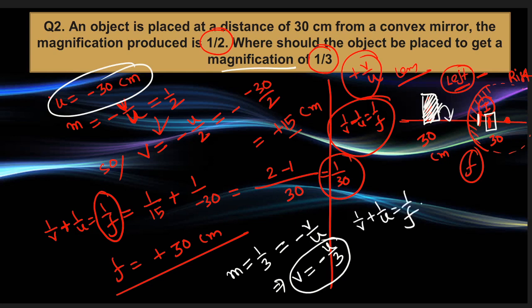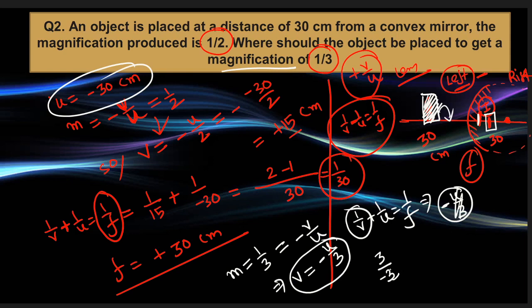Now what is the value of v? That is given, v is minus of u by 3. Now 1 by v is given, so the value will actually be minus of 3 by u. Let's clean it, then it will be easy.